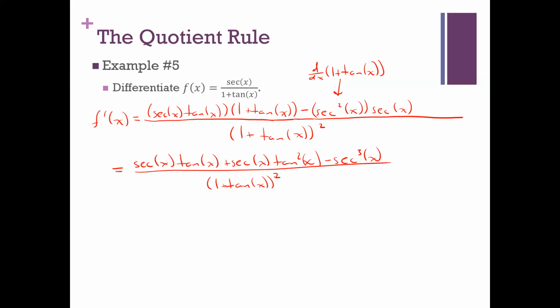Y'all okay just leaving it the way it is? I think it would simplify if we brought in some of the Pythagorean identities, but I'd rather just focus on the derivative.